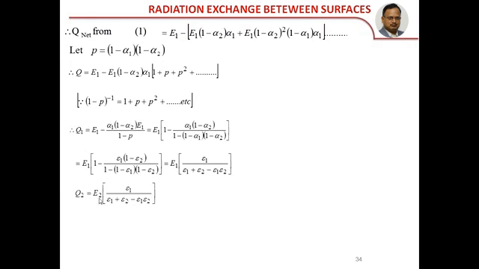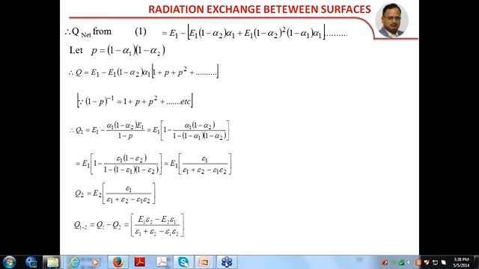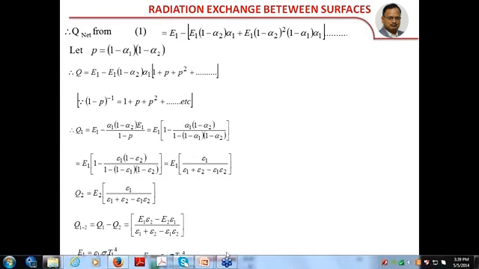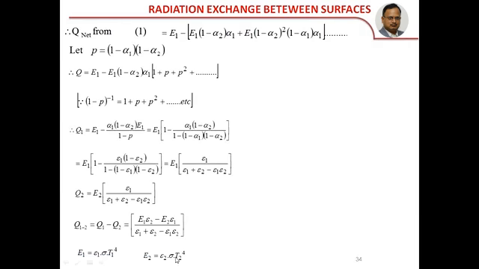And similarly, you can write Q2 equal to E2 into epsilon 2 by (epsilon 1 plus epsilon 2 minus epsilon 1 epsilon 2). And Q12, the net heat exchange, is E1 epsilon 2 minus E2 epsilon 1 by (epsilon 1 plus epsilon 2 minus epsilon 1 epsilon 2). Emissive power of body 1 is epsilon 1 sigma T1 to the power 4, and of body 2 is epsilon 2 sigma T2 to the power 4.